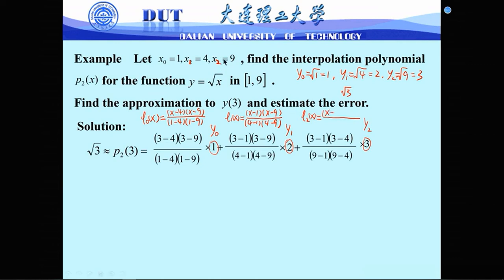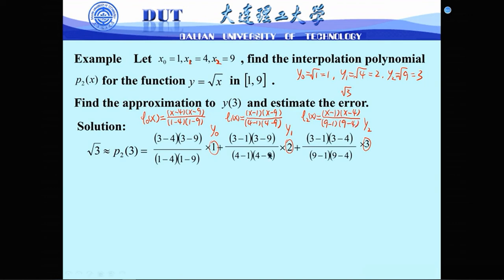Here we consider the node x2 equal to 9, so it should be (x minus 1)(x minus 4), the other nodes 1 and 4, and substitute x by 9 in the denominator: (9 minus 1)(9 minus 4).